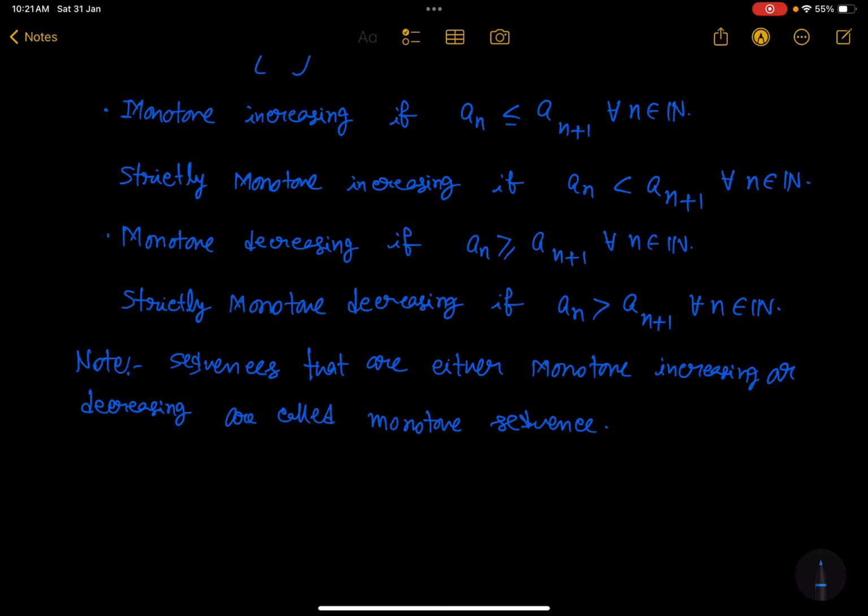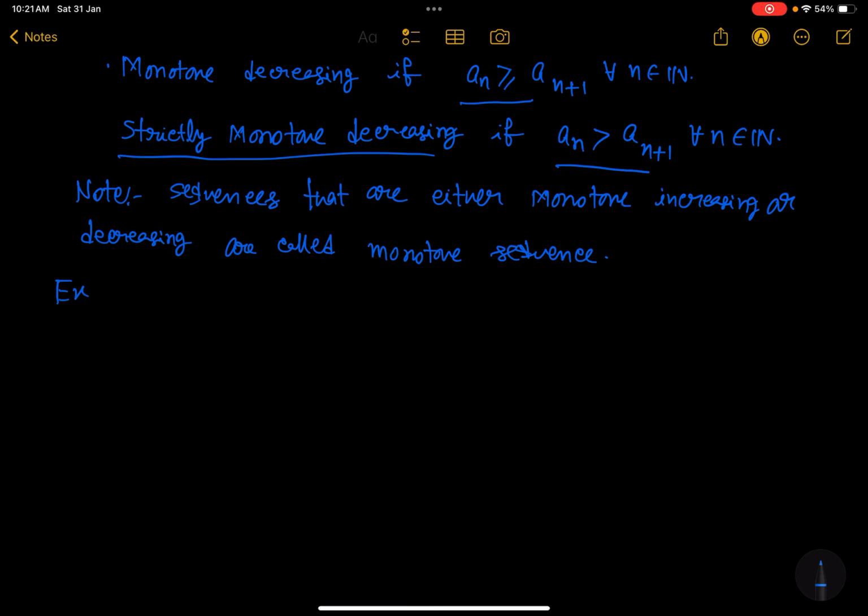So it can be strictly monotone increasing or strictly monotone decreasing, and those are also called monotone sequences. Strictly, if the inequality is strict, and just increasing if it is less than or equal to. Similarly decreasing if this is reversed, and strictly monotone decreasing if this is strictly bigger than.